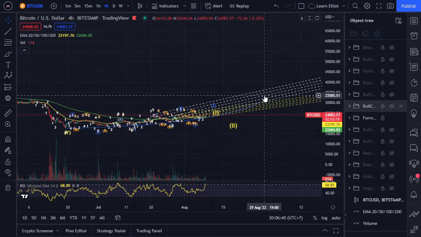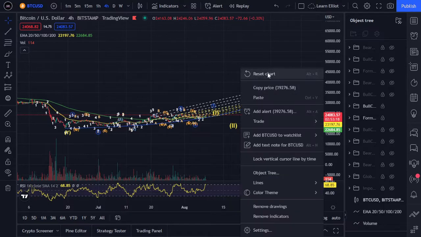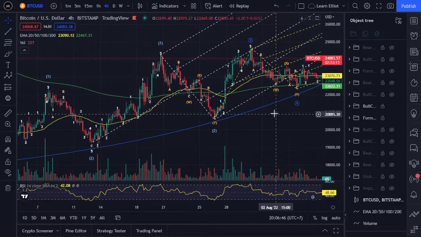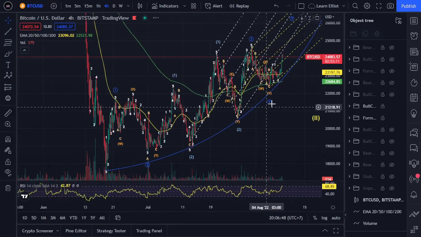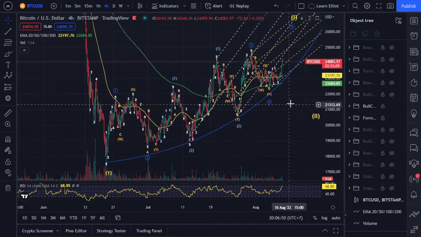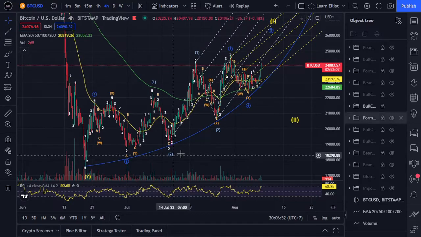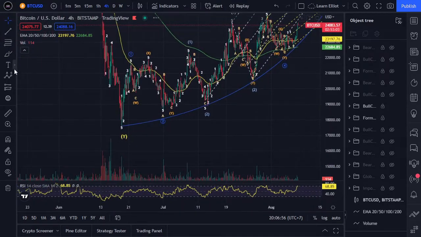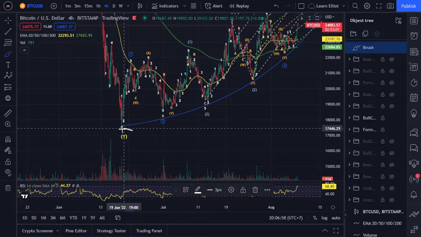So I have two bull case scenarios in the 4-hour time frame. The first is still based on Elliott wave. I have this 5-wave impulse here, WXY already complete.